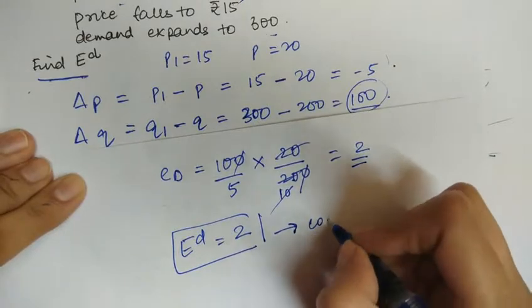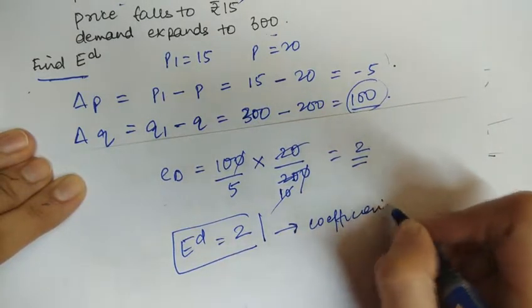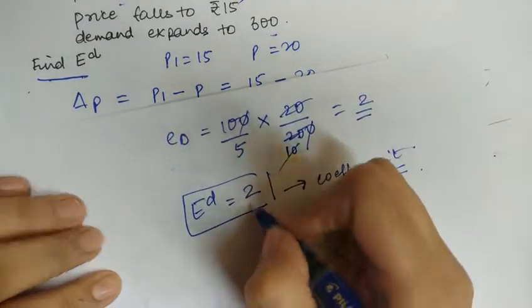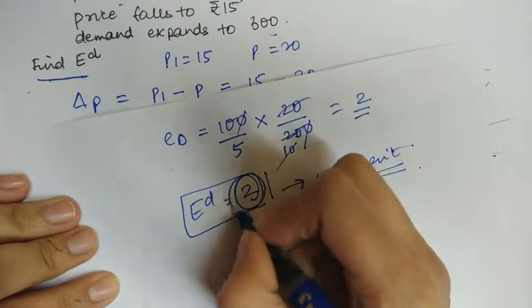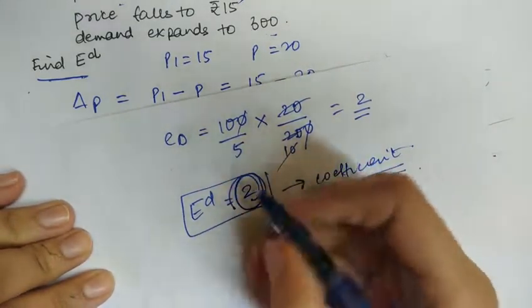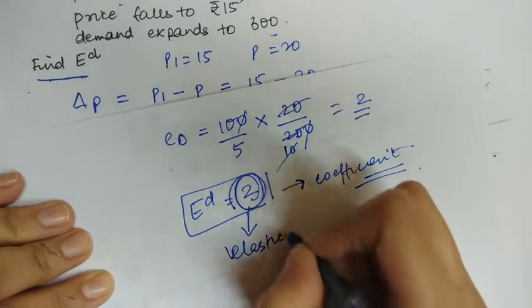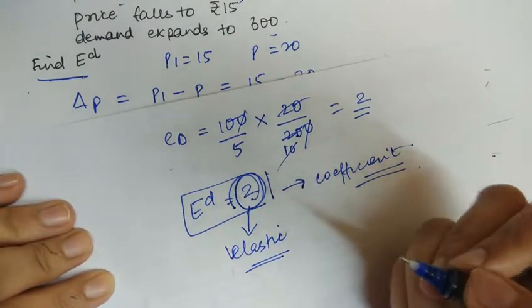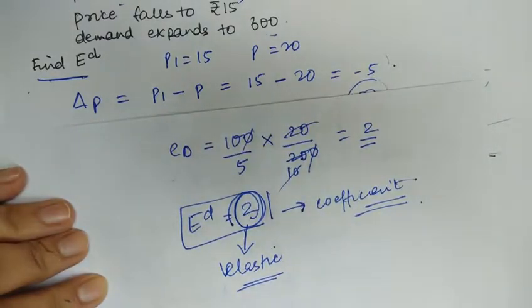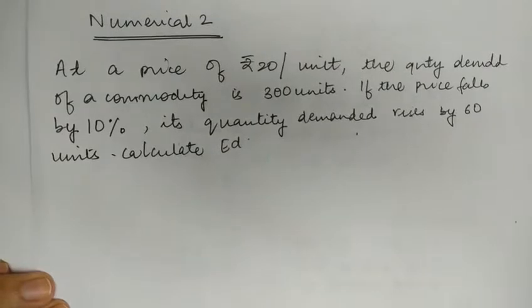And when the elasticity of demand is greater than 1, then it is elastic demand. So we say that the demand for this commodity is very elastic. Let us move on to the second numerical.